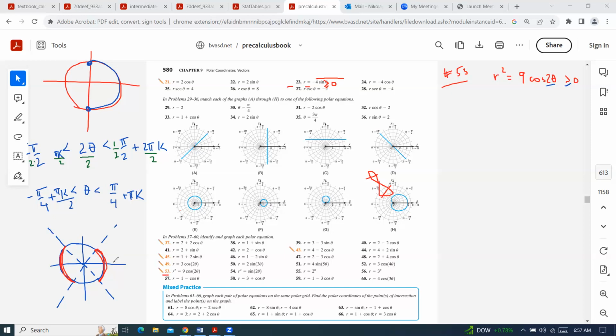So for angle theta, theta goes from minus pi over 4 to plus pi over 4, just like in our inequality that we produced, but also 3 pi over 4 to 5 pi over 4. And that's where the graph is going to be. So not in the upper and lower quarters, but in the left and the right ones.